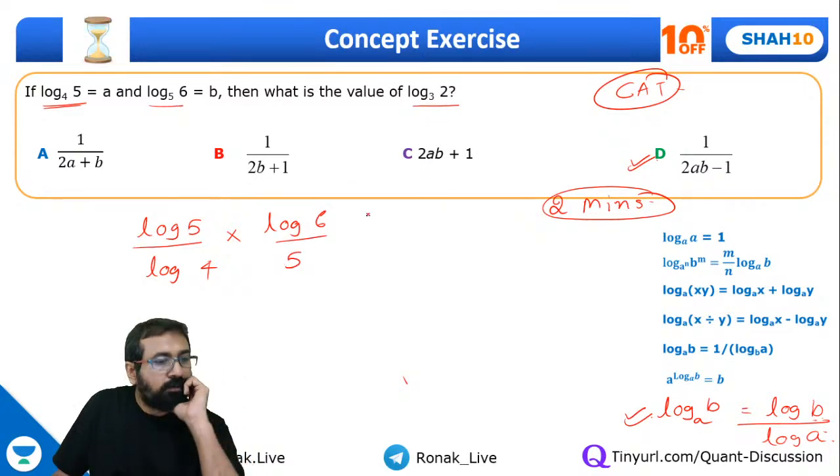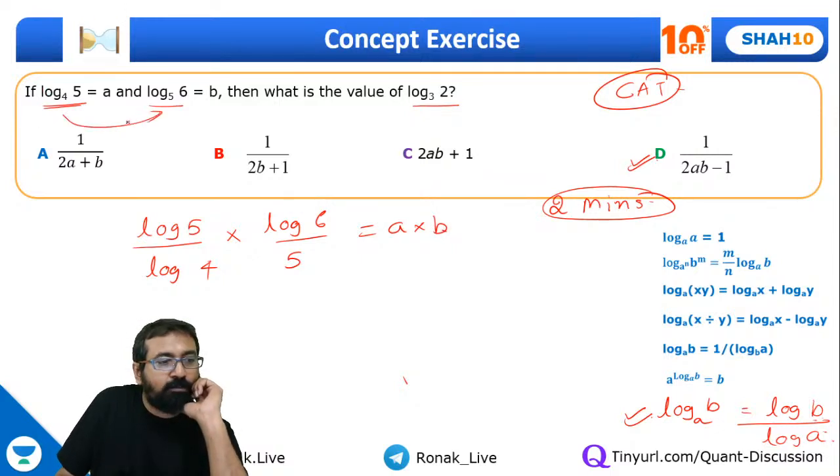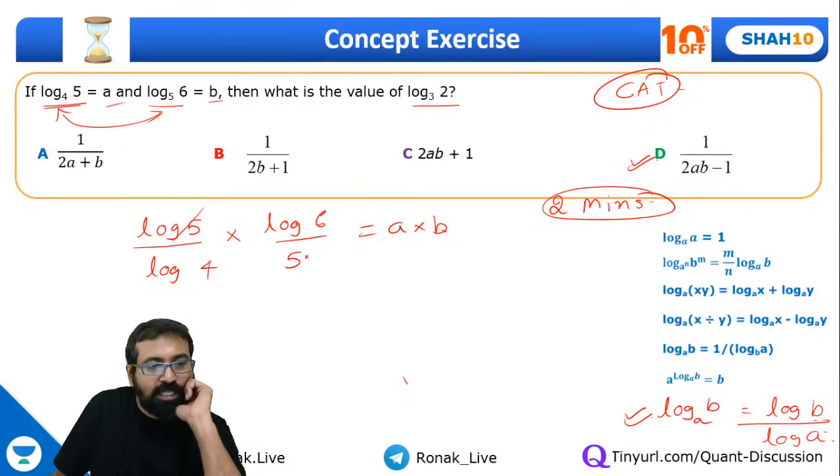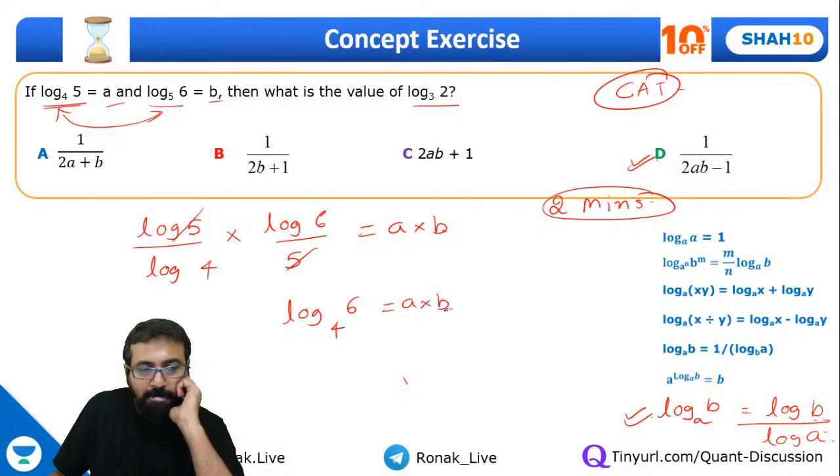Correct? So this should be equal to A into B. I'm just multiplying both of this. So right side will be A into B. Correct? This will get cancelled off. So I'll get log of 6 upon log of 4, which is log of 6 with base 4, which is equal to A into B.